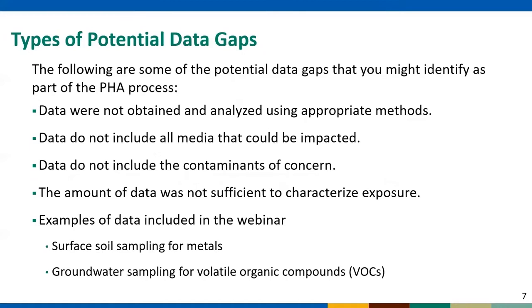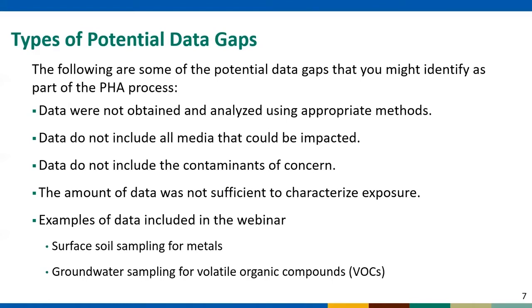Data do not include the potential contaminants of concern. And finally, the amount of data was not sufficient to characterize exposure. Other examples include data were not available in all areas of the site, data were not taken over time, or data collected in the past may not represent current conditions.